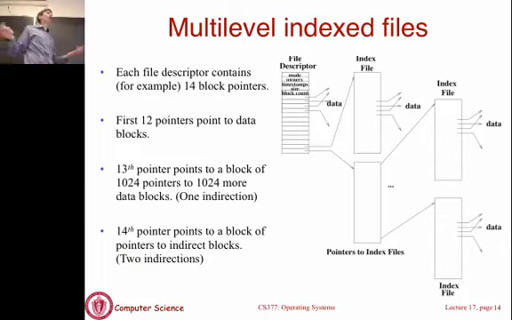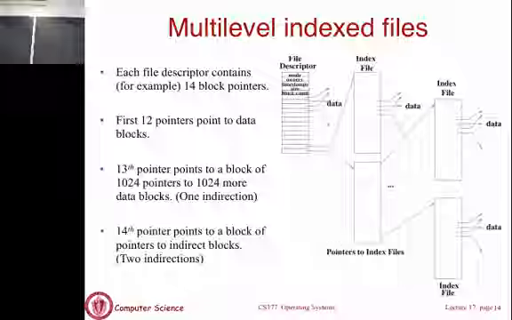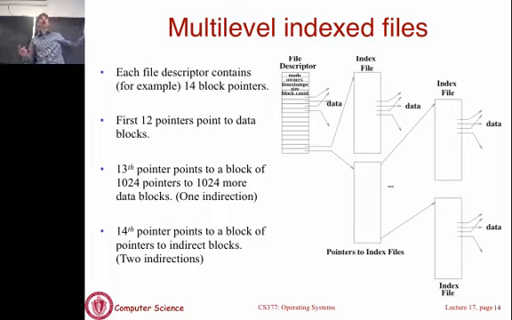Because if, say, 90% of your files are 14 blocks or less, or 12 blocks or less, or whatnot, maybe that's a reasonable choice. I'm sure this is not true, but maybe. Yeah, 14 is basically the value actually used in Unix. This picture is basically the picture used in Linux. So the actual choice of numbers are arbitrary to the multi-level index approach, but this is basically what your system is doing.